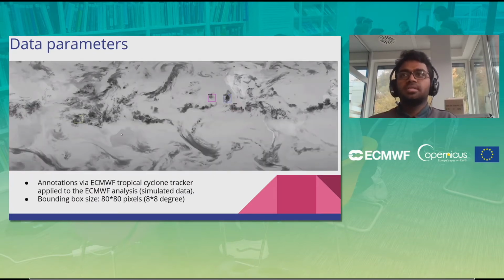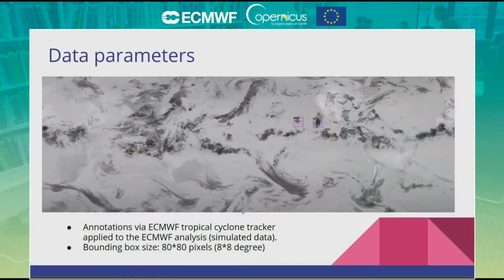So here is an example image of what we have as cyclones. The annotations that we have are from the ECMWF tropical cyclone tracker, which is applied to the simulated data. The bounding boxes that we select are based on observation.